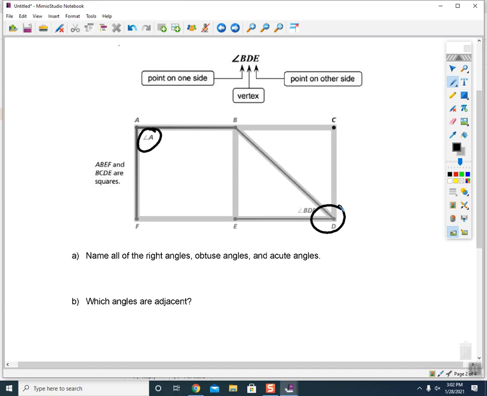It's a little bit hard to tell, right? So in this case, what it focused on is angle BDE. So angle BDE is that angle right there. I wouldn't have been able to know that without this sort of method of doing it.